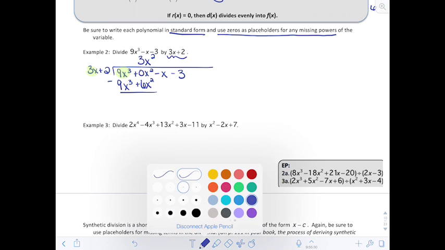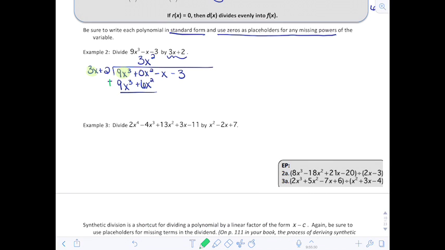Then I subtract, which remember, I'm going to change this to add the opposite. So the 9x cubes are gone. 0x squared minus a 6x squared is negative 6x squared. I'm going to bring down a negative x and repeat the process. What can I write as part of my quotient that when I multiply to 3x, I get negative 6x squared? Well, that's going to be a negative 2x.